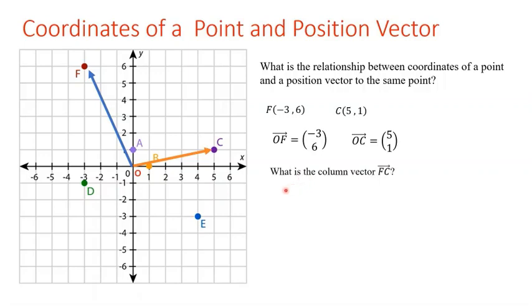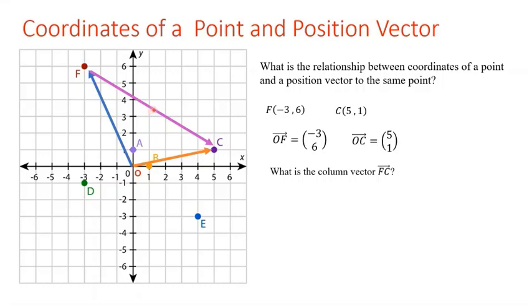So how do we find the column vector for vector FC? It is not shown here. Let us consider we are at point F and we want to get to C, but we are unable to travel along this path directly to C. What I normally tell my students is to consider it a path or a road that you are to travel along, but you realize that it is blocked.